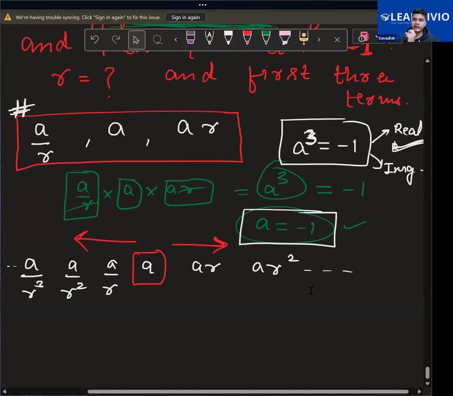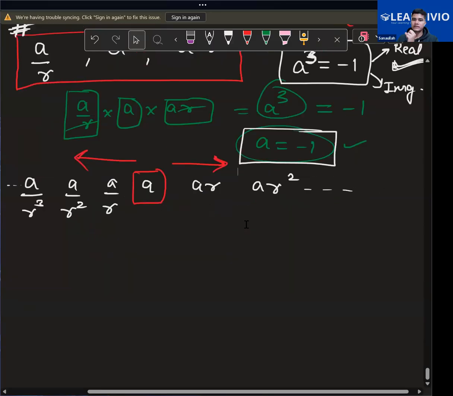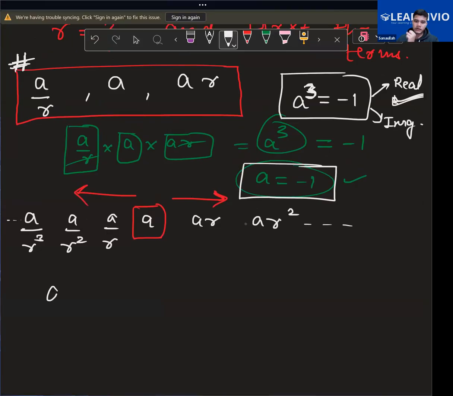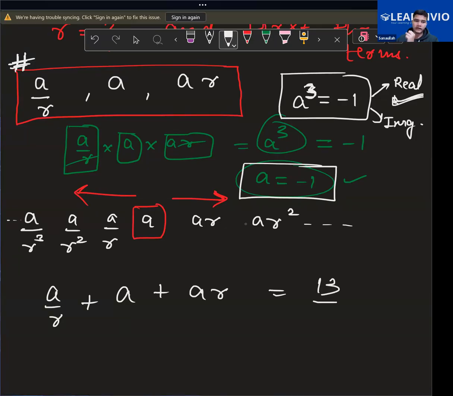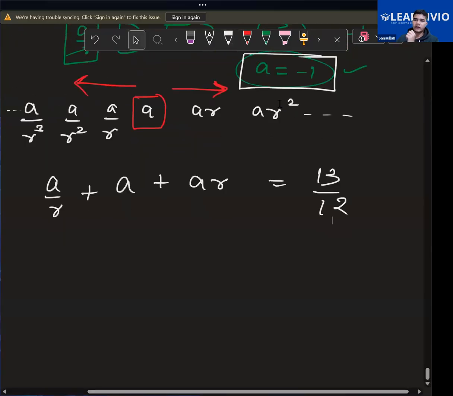So once I get the value of A, and one more thing is given, that the sum of the first three terms, let's do the sum of those terms. A by R plus A plus AR is given as 13 upon 12, right? Now we will simplify this. We have the value of A. We can take A common also.